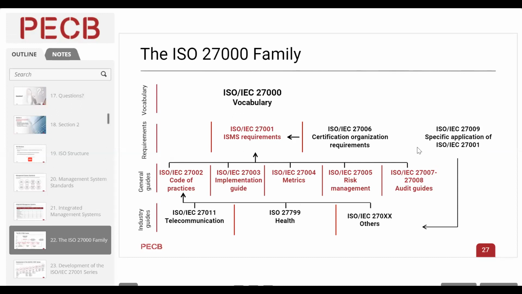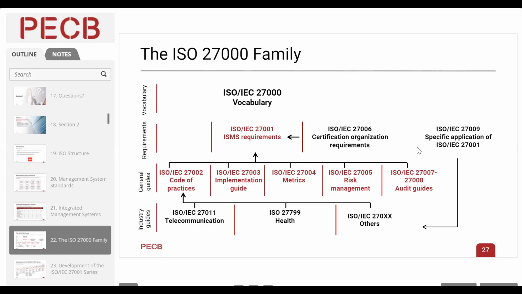So we have looked at the generic controls, but because your organization is in telecoms, there are additional controls specific to that industry, which you can find in 27011. So it just adds on to 27002.